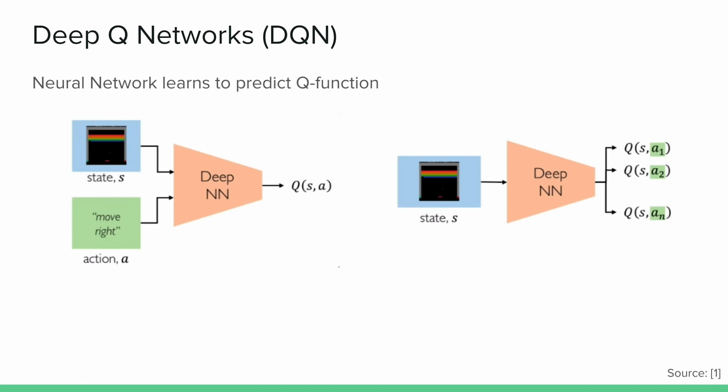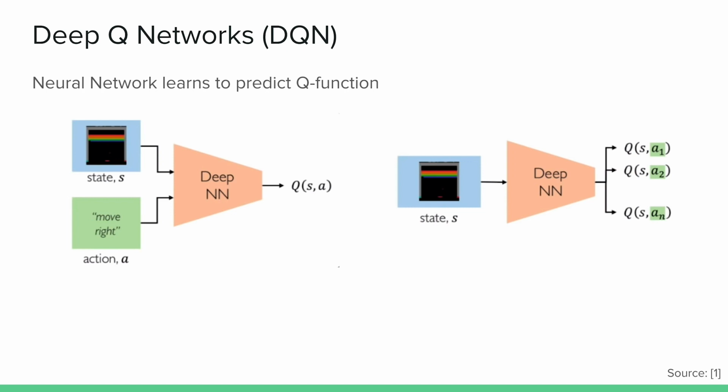Therefore, we only have to run through our model once. One thing you'll realize is that this only works if we have a discrete set of actions that we can potentially take. So how do we learn this thing? The Q function is a function, and what machine learning models and neural networks do is approximate functions. So it kind of makes sense.